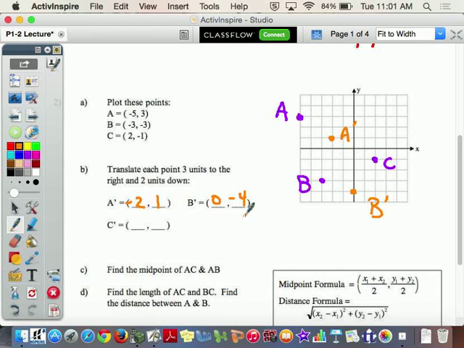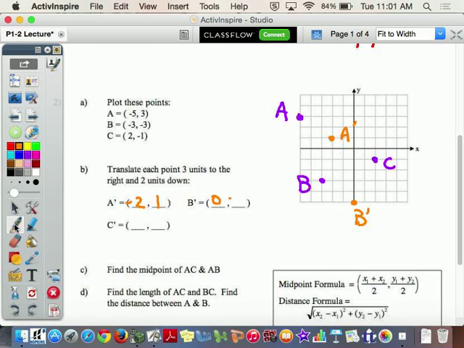No, it's negative 5. I only went down 1. Good call. Thank you. So here's B, 3 right, 2 down, B image, 0, negative 5.